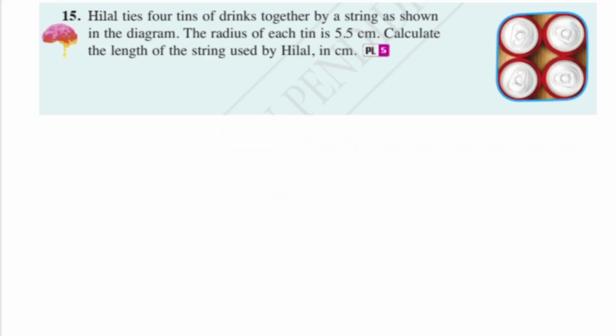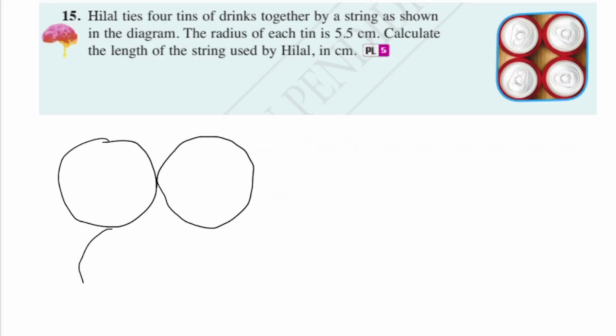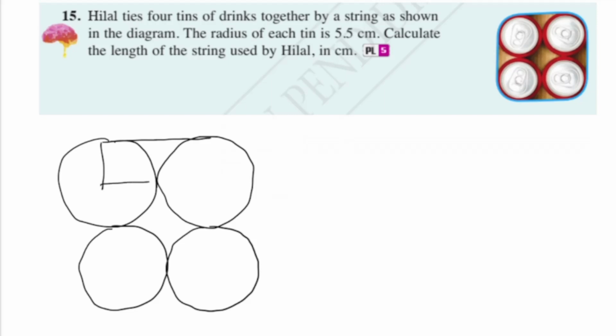So let me just draw for you. It's a bit hard to see. I draw 4 circles. 1, 2, 3, and 4. My circle is not very round. Sorry, forgive me for my ugly drawing. So this one you join together. We know that the radius of each tin is 5.5.